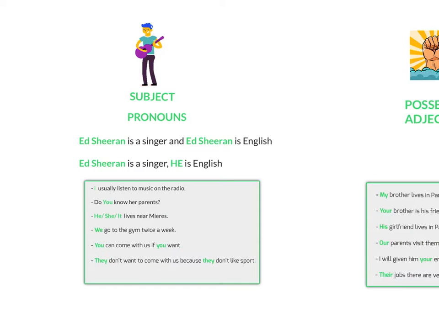You can come with us if you want. And finally, the third person plural, they: they don't want to come with us because they don't like sports. You've got the subject pronouns here in green. Okay, these are subject pronouns because they perform the action of the verb.